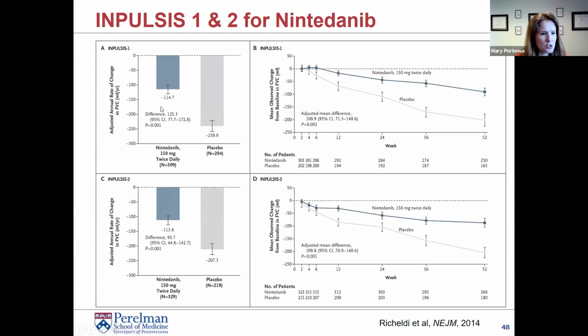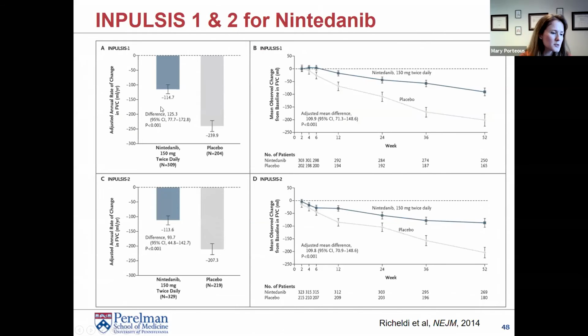Feel better, and so you got to talk to them a lot about the side effects. When they looked at the FVC decline, it only reached significance when we say that the nintedanib slowed down the rate of decline of greater than 5%.